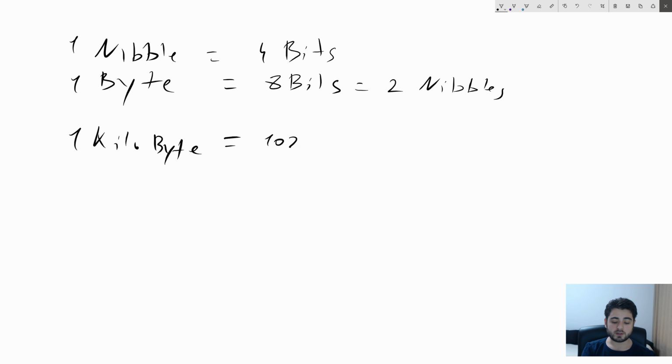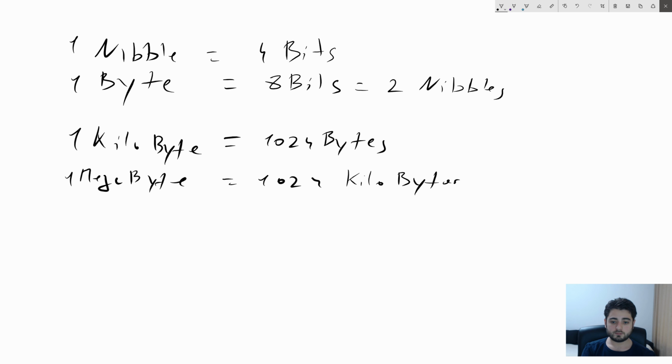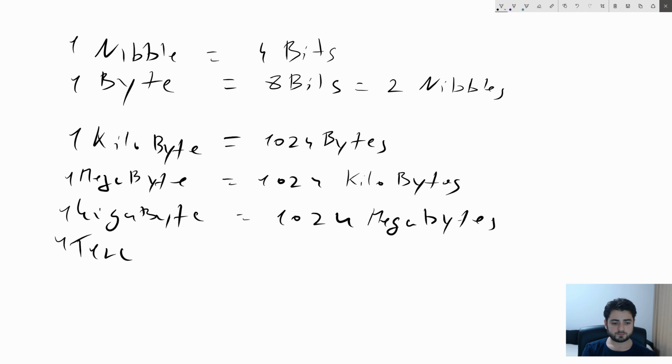So 1 kilobyte is 1,024 bytes. 1 megabyte is 1,024 kilobytes. 1 gigabyte is 1,024 megabytes, and 1 terabyte is 1,024 gigabytes. It should be, but this is not what you get when you buy hard drives.